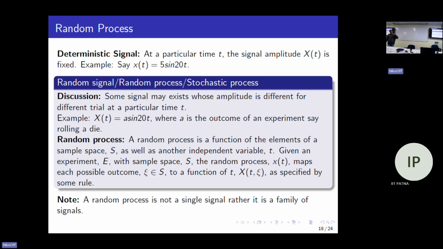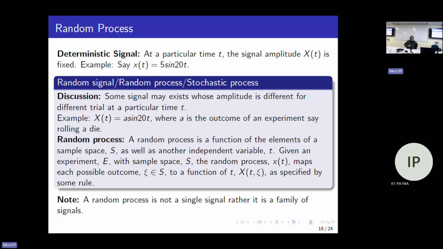So your signal is not deterministic. At some point of time, you are doing the same thing, but your signal amplitude is different. That is random because the signal amplitude is a function of an outcome of an experiment, and you don't know what the outcome will be. So that is the random signal. There are two things. One is the deterministic signal, that's what I wrote.